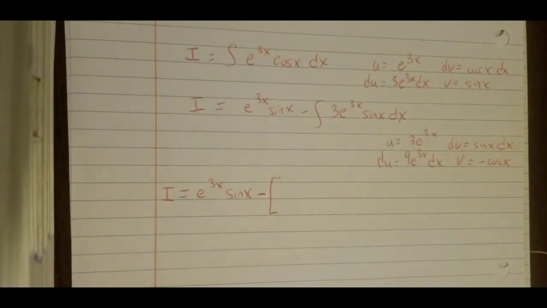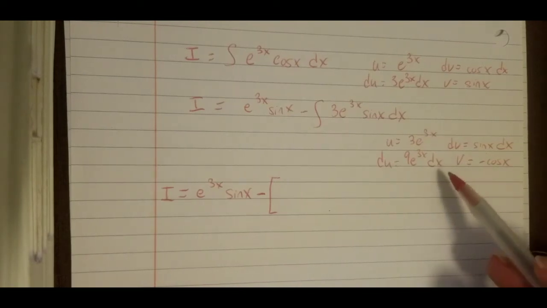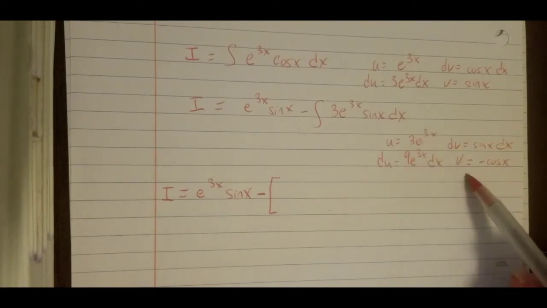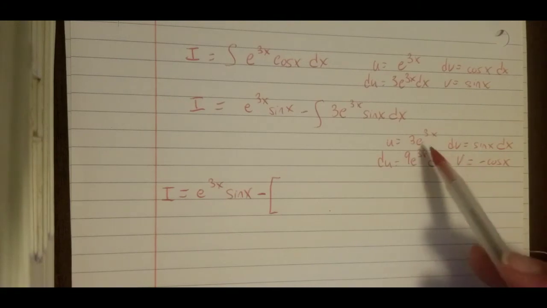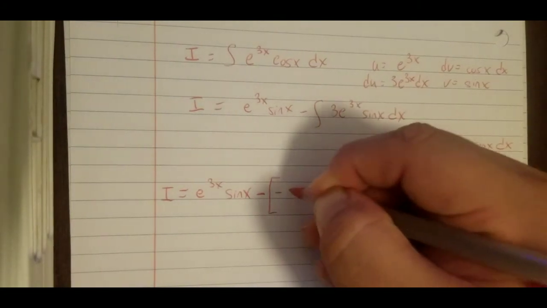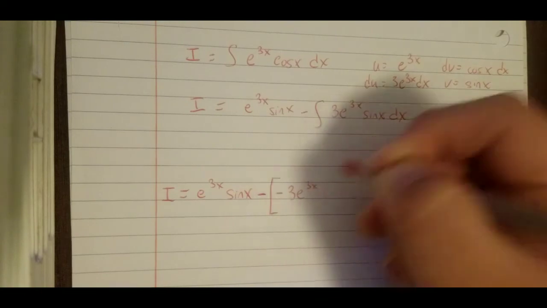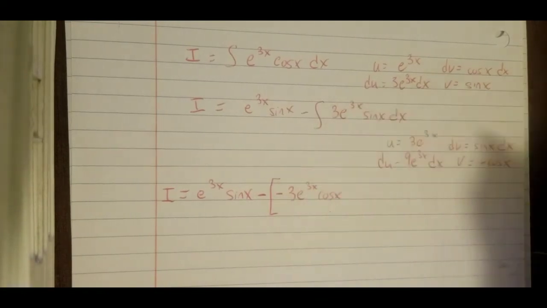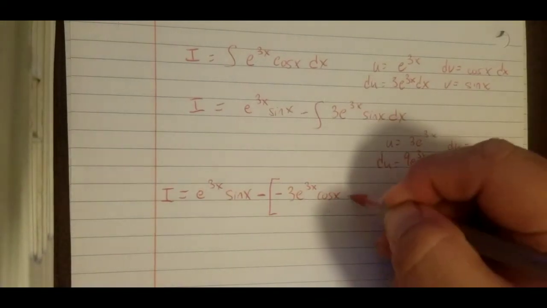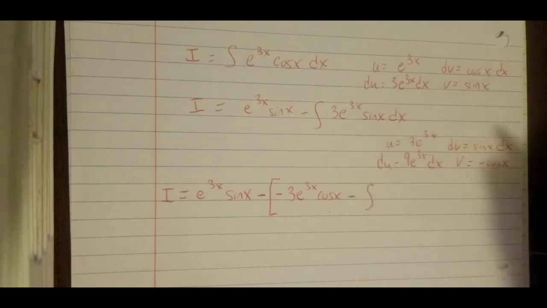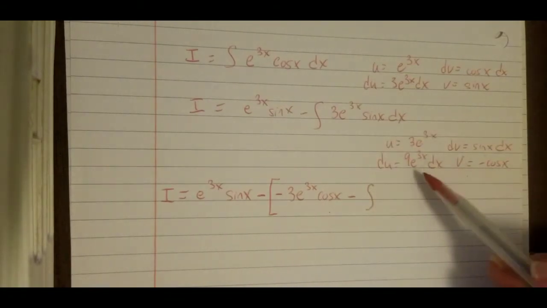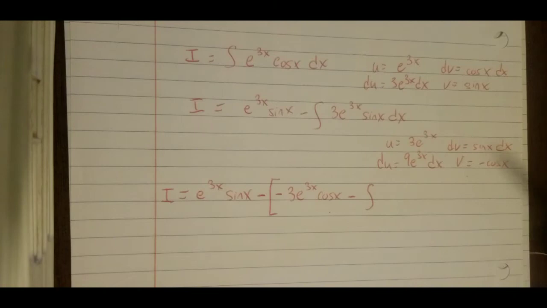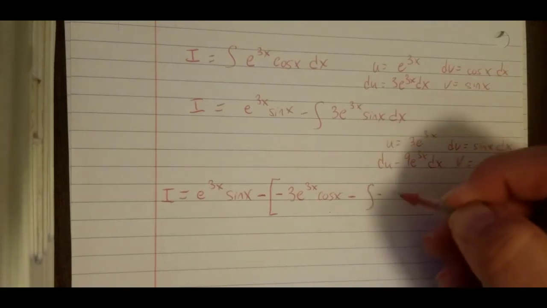I'm just going to throw in some giant parentheses, whatever I need here. So again, uv, so that's minus 3 e to the 3x cosine x minus, again, just from the regular setup, integral of v du. So v is negative cosine, du is 9 e to the 3x.